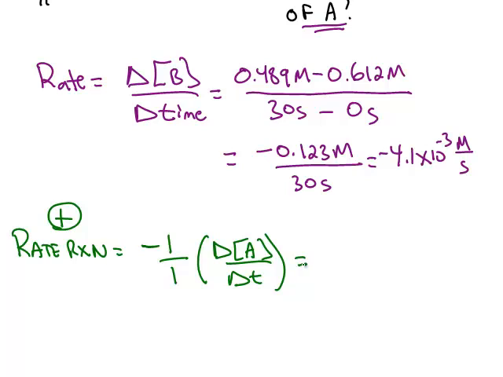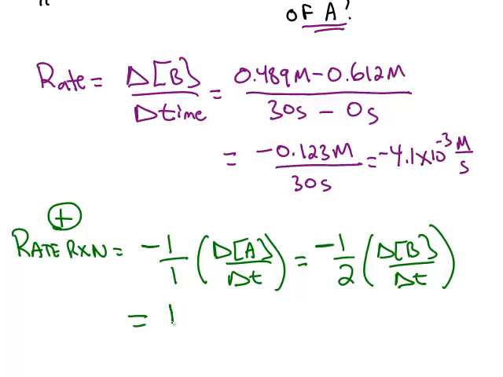You could also write down a similar expression for chemical B. It's a reactant, so we put a negative sign. The coefficient is a 2, so instead of 2 we write 1 over 2. And then you have change in concentration of chemical B divided by change in time.